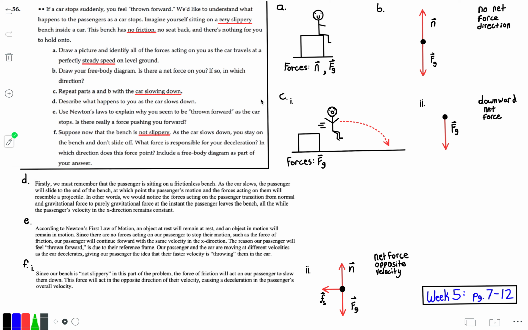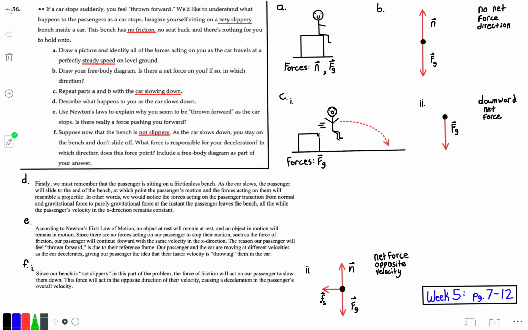All right, for C, here we have the car slowing down. Since we're sitting on a very slippery box with no friction, we need to assume what would happen if the car's velocity is different from that of our passenger. In this situation, I have drawn what happens when the passenger slides off of the box, because the passenger is moving at the same constant velocity since there are no forces acting on them to slow them down.